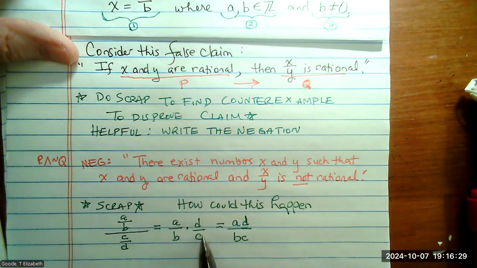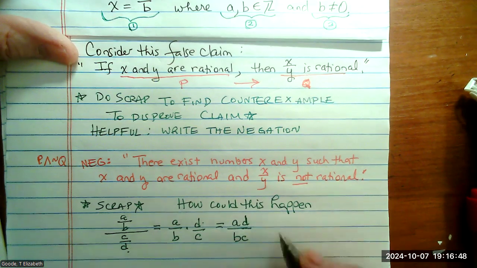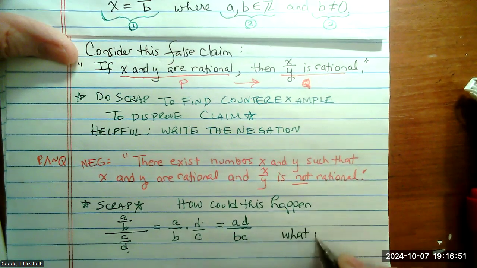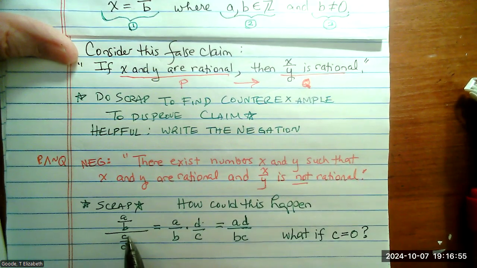But look what happens when we actually do the division. That D is no longer in the bottom. It comes up to the top. And the C is in the bottom. What if C was 0? It'd be okay for C to be 0 when it's on the top because that's just 0 over 1, and that is rational.